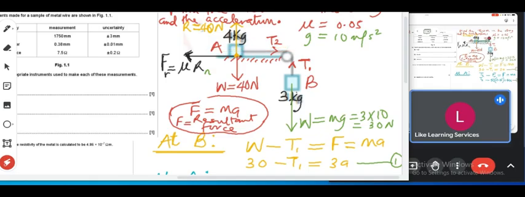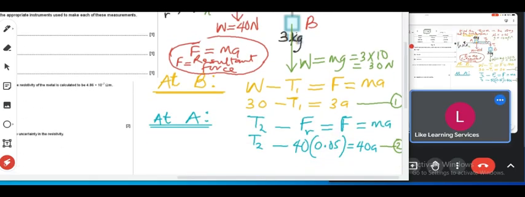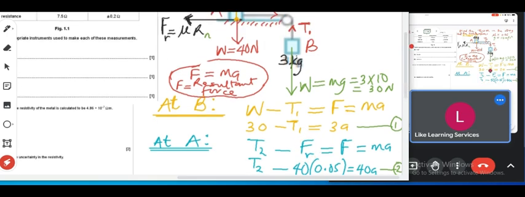That's why we consider only T2 and the frictional force. T2 is in the direction of motion, so T2 minus frictional force is equal to the resultant force, F, which is MA. T2 minus mu R, 0.05 times 40.